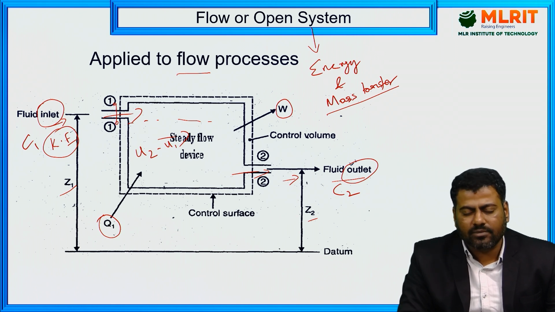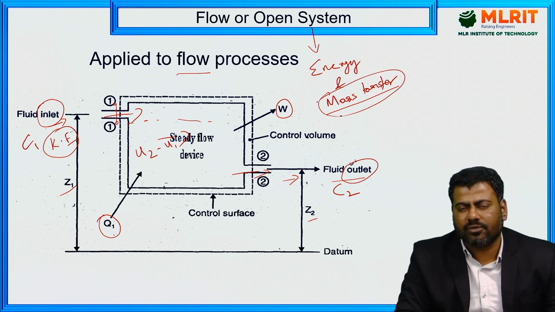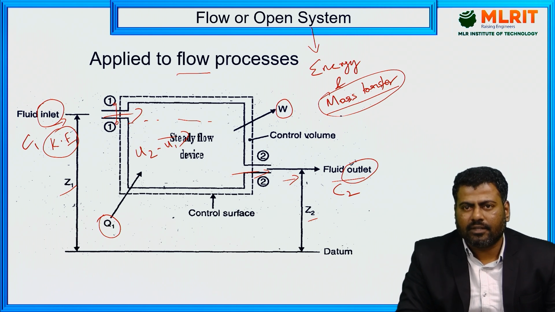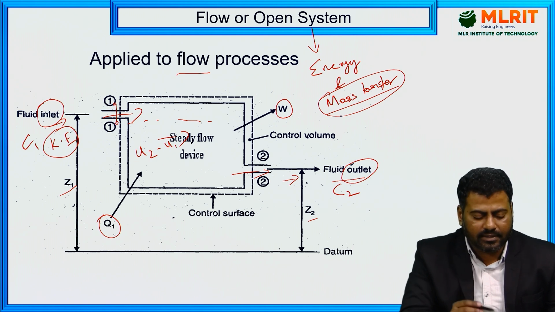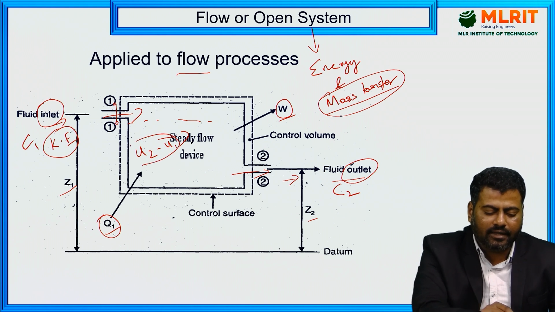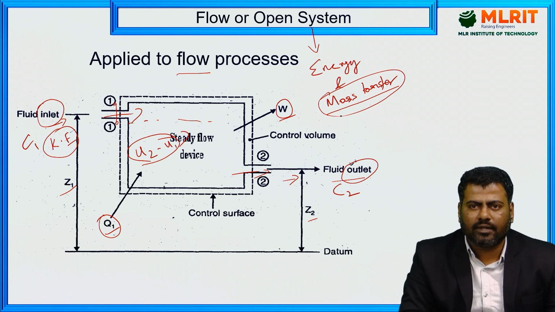So what I am trying to say is, for the open system, whenever mass transfer takes place, I am supposed to consider the kinetic energy and the potential energy, in addition to the closed system energy parameters: heat energy, work done, and internal energy change. While discussing the closed system, we came across two work done parameters.